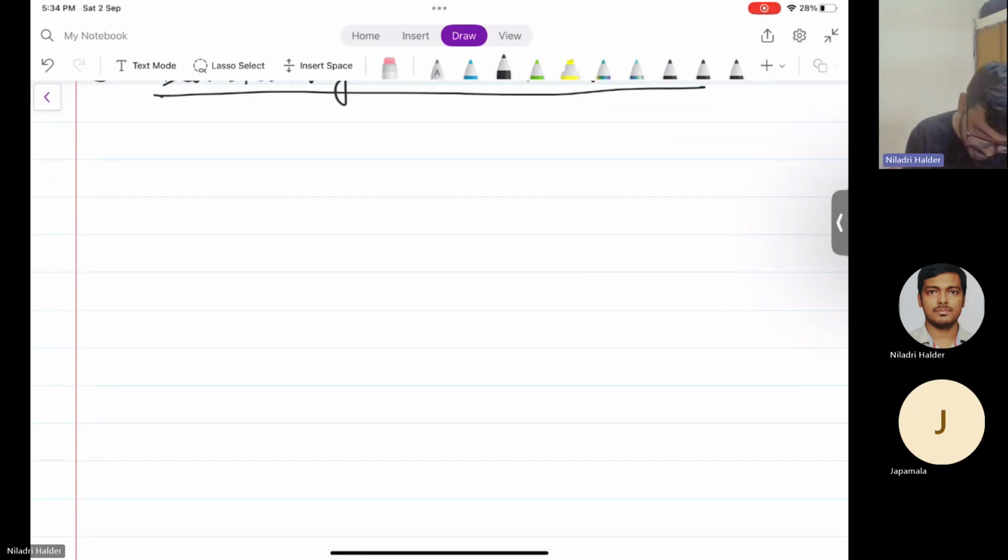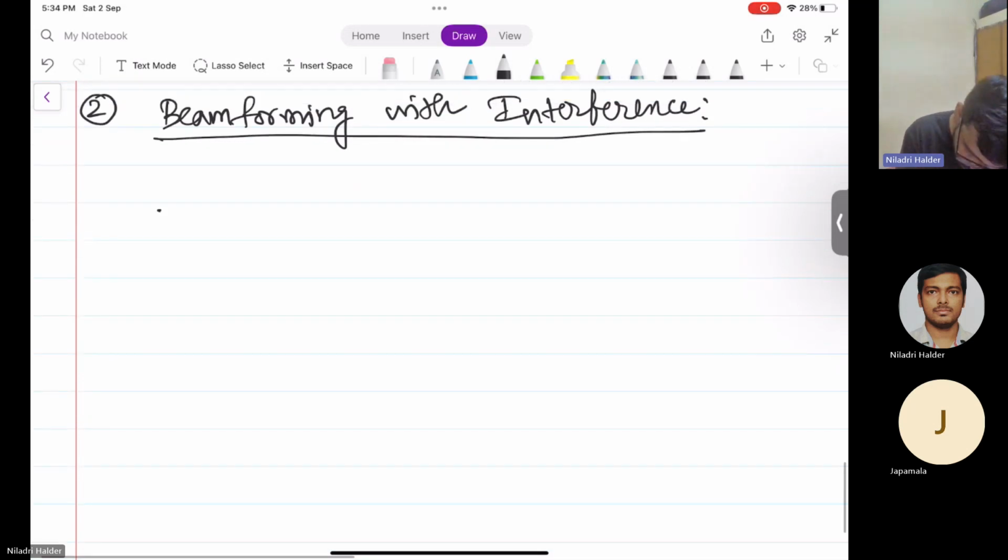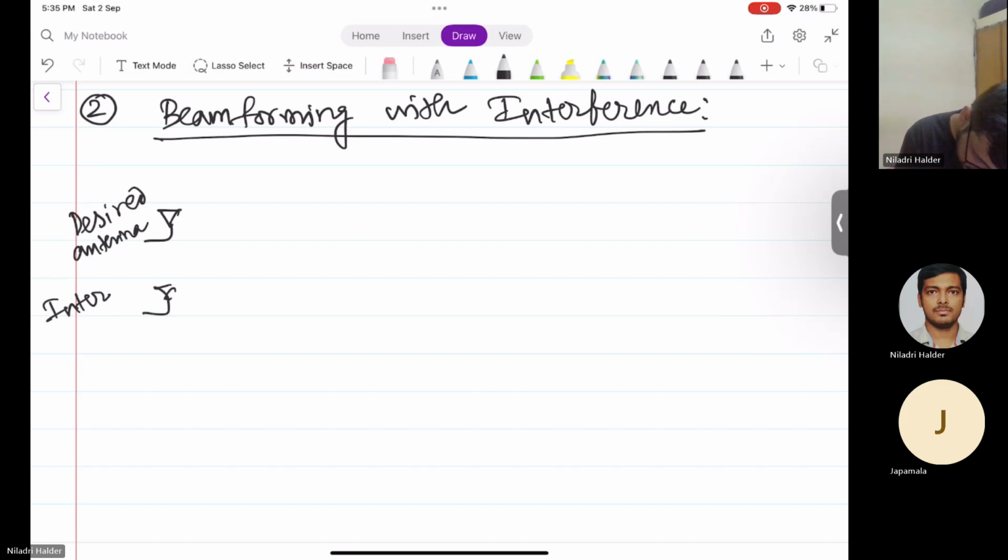So for beamforming with interference, we have two transmit antennas. One is the desired antenna and the other is the interfering antenna. So this is the transmission side and this is the receiver side.